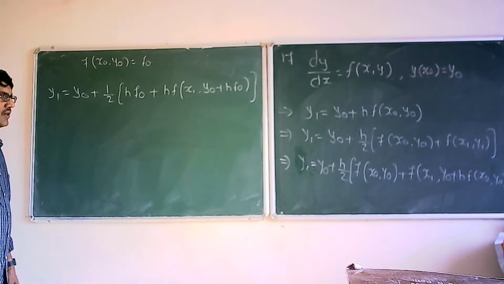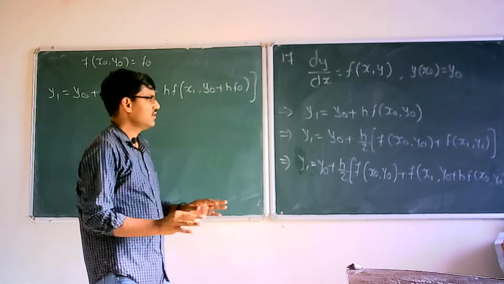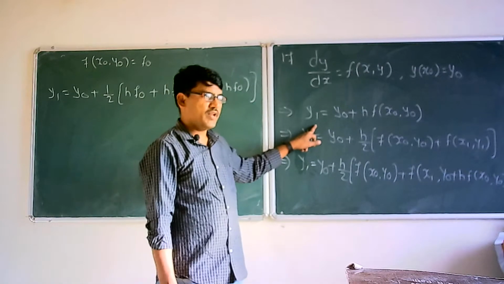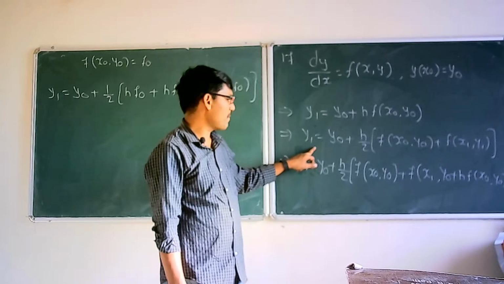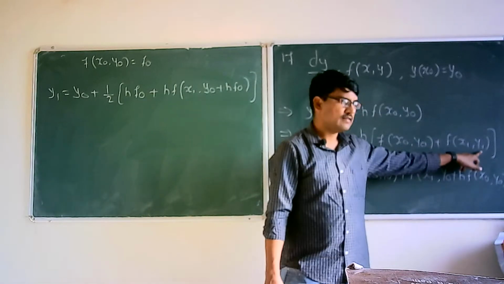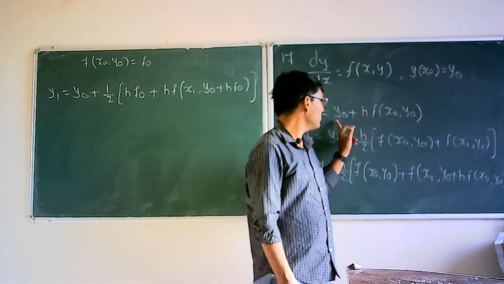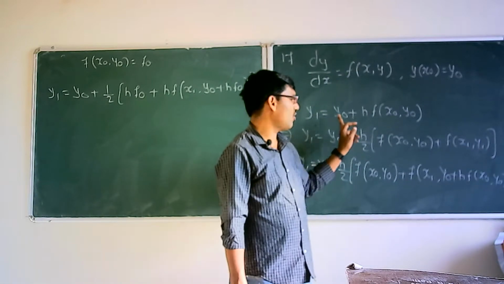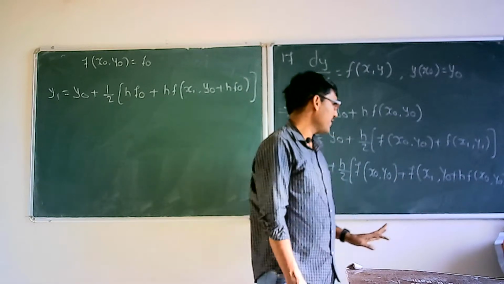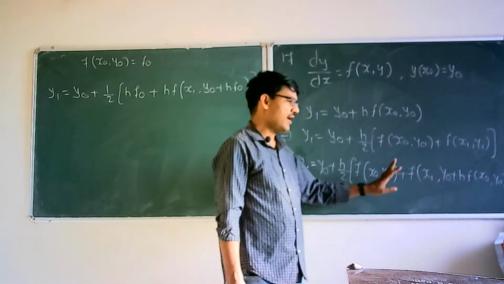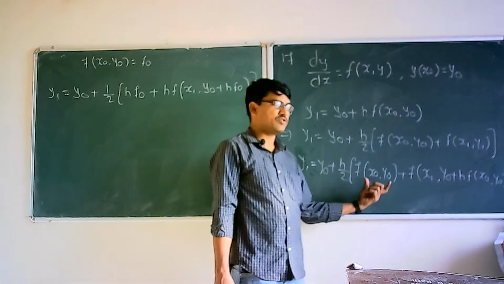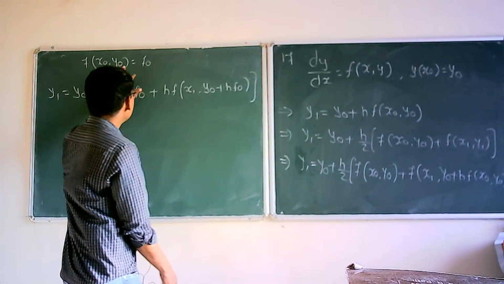Okay, so up to this is Euler formula. We apply the trapezoidal rule, and here in place of y1 we put the value obtained from Euler formula. Then in next step we multiply by h, and instead of writing f of x0 y0 we denote this term as f0.